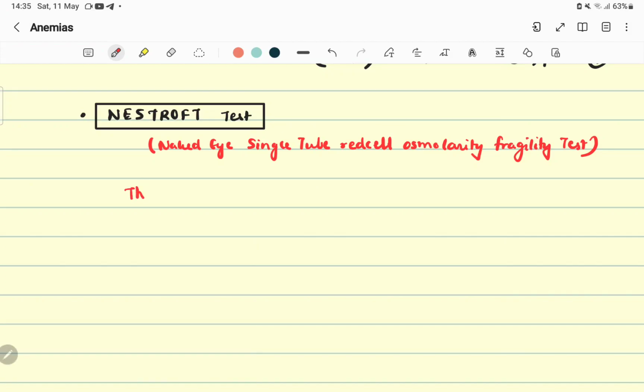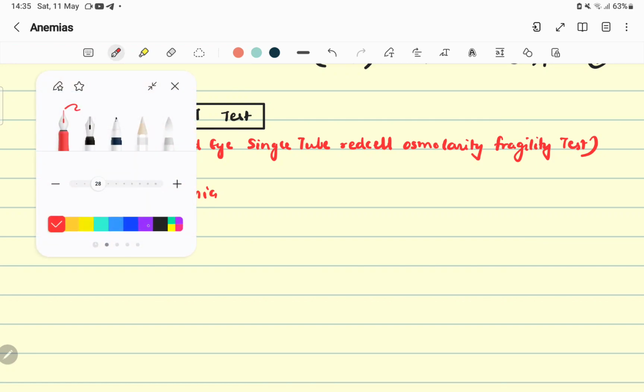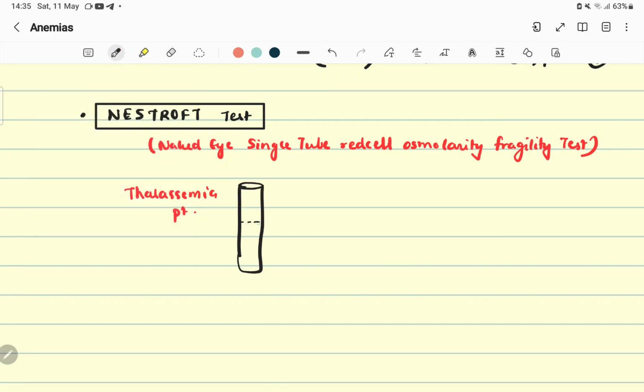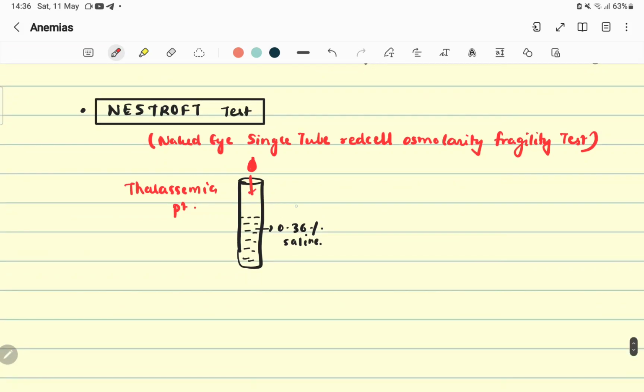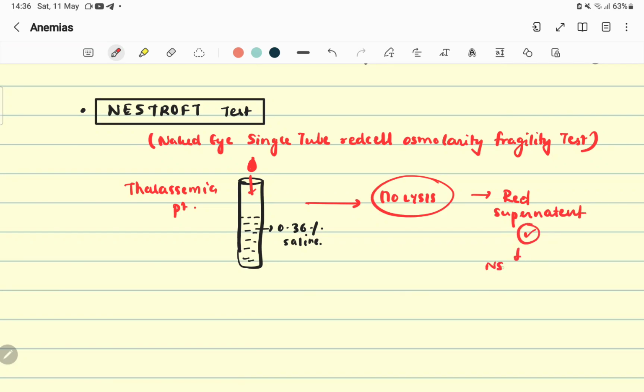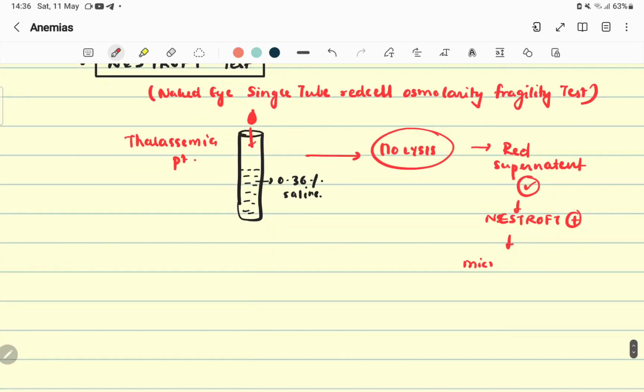But if there is a thalassemia patient, and you take 0.3% saline and put a drop of blood in it, there is no lysis, and a red supernatant will not be produced. This is called NESTROFT positive.